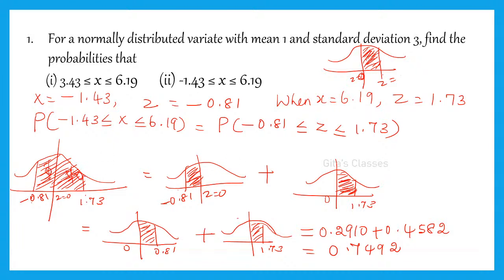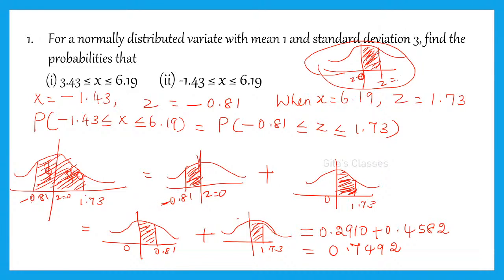Now for negative values we don't have the table value, but 0 to any value, this is the table value. If you want to make use of the table, all the regions should be expressed in terms of 0 to any value. So here we have negative, but we know the characteristic of the normal curve is that it is symmetric about the line z is equal to 0.